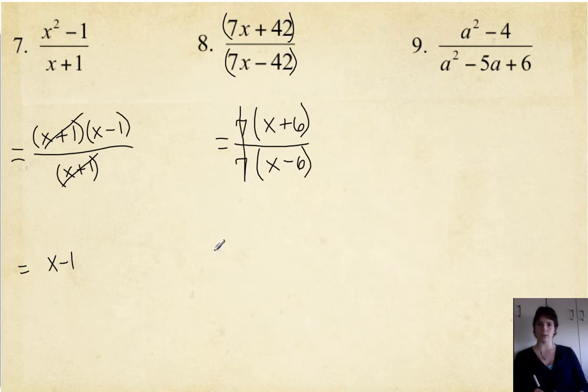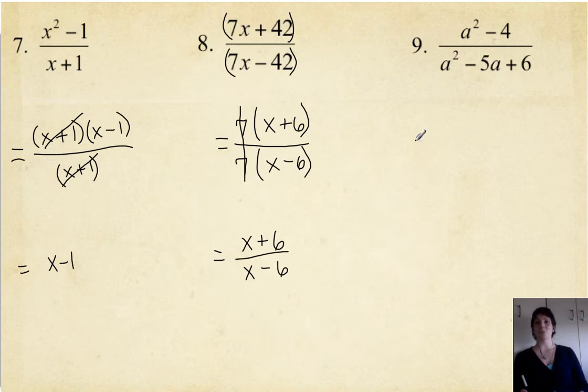So 7 over 7 becomes a 1. But x plus 6 and x minus 6 do not have the same value. So we cannot simplify those, and our answer is a fraction with the binomial x plus 6 in the numerator and the binomial x minus 6 in the denominator.